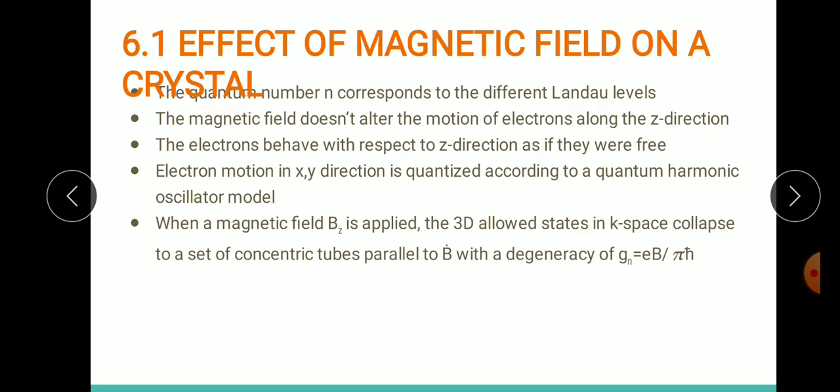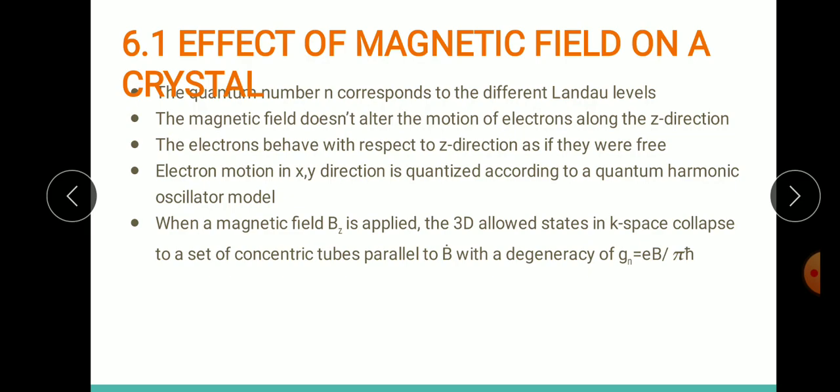So the magnetic field in a particular direction, here the z direction, will not affect or exert a force on those electrons which are moving parallel to it. As a result, the electrons in the z direction behave as if they are free electrons.